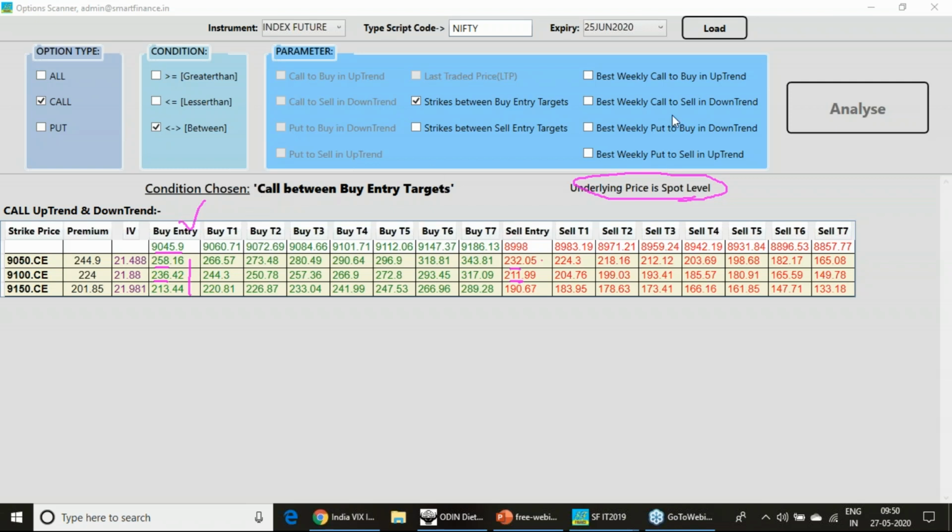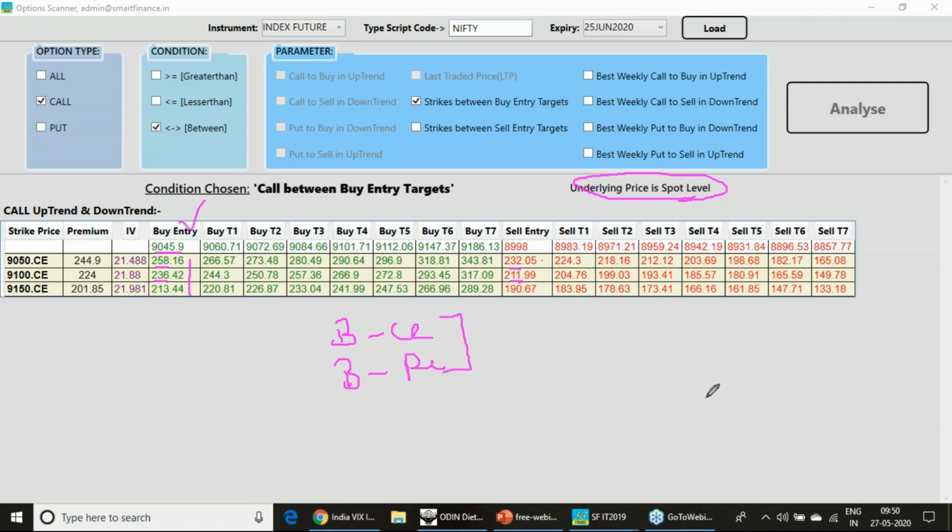So this is what, Mahesh ji, I am telling you: when to buy a call or when to buy a put. You are asking if you buy both, is there any specific time when I should buy a call and a put together and get benefited?